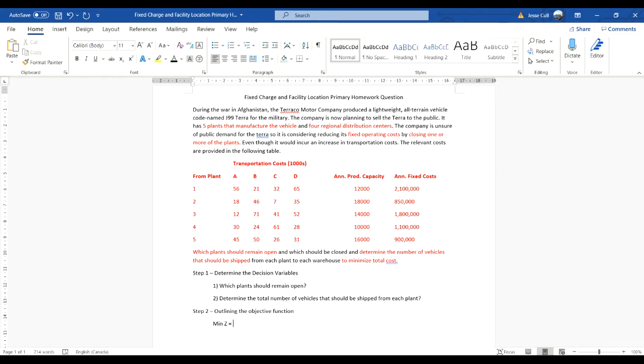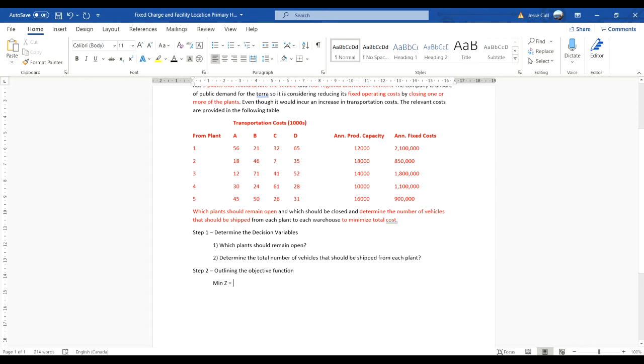We also see that we have to include our fixed costs because we're looking at total costs, our variable costs, and our total costs. That's going to mean for minimizing Z, we're going to have 25 different decision variables.